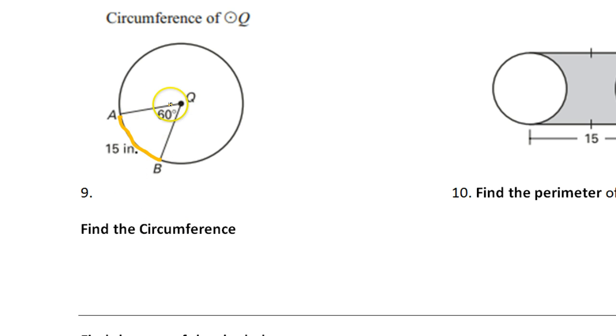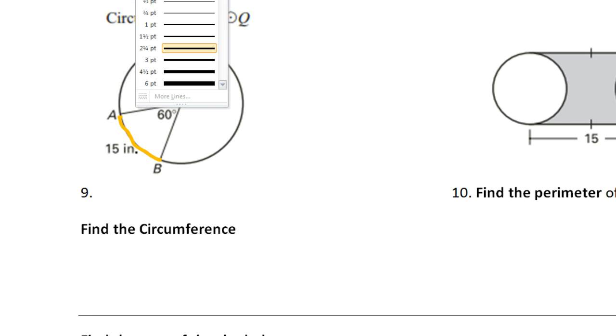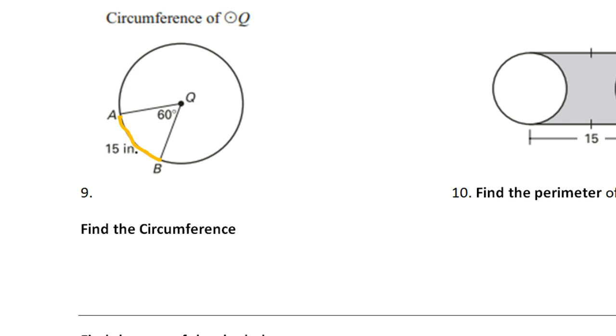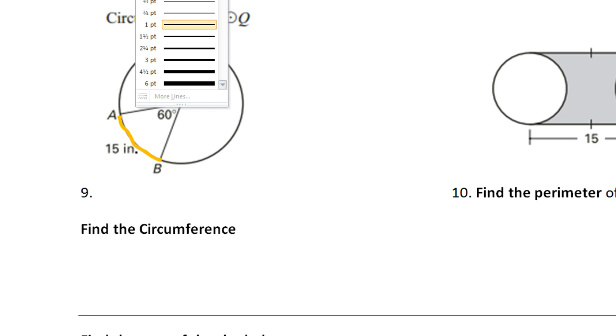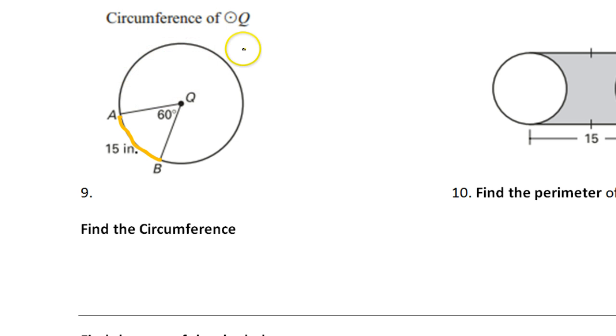As soon as I see that we're dealing with a sector, an arc length, like a slice of pizza, I know that we're probably going to be dealing with part over whole equals part over whole. So let's go ahead and talk about that. Part over whole equals part over whole.